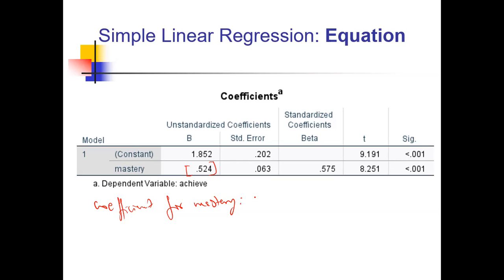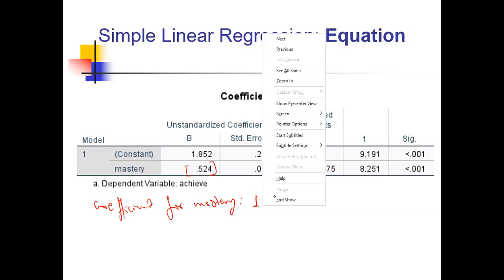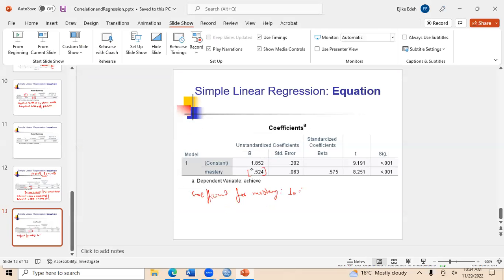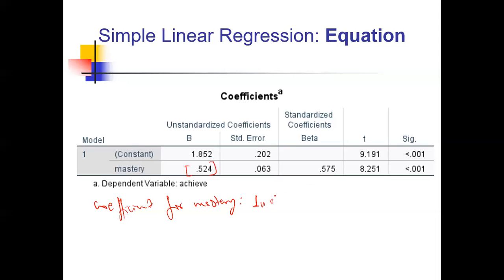This coefficient will indicate that a 1 unit increase in mastery will lead to a 0.524 units increase.